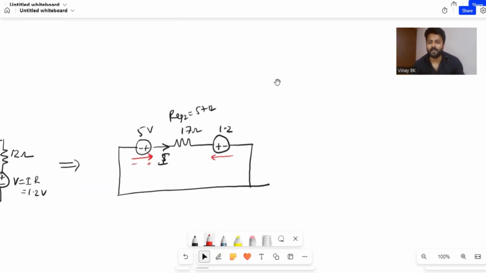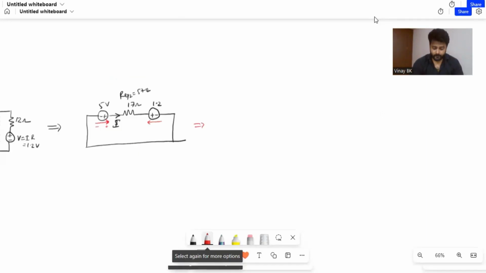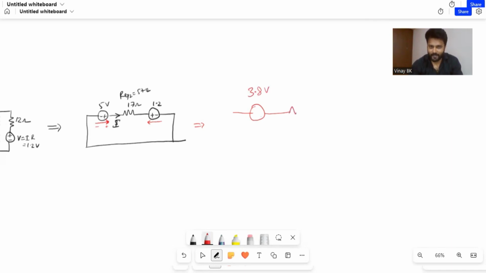That's nothing but 5 minus 1.2, you get 3.8. So now you'll get one voltage source of 3.8 volts in series with a 17 ohm resistor, and it forms a closed loop.